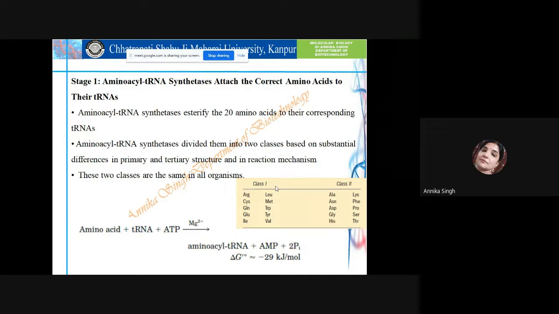And the reaction catalyzed by amino acyl transfer RNA synthetase is given over here. That is, amino acid reacts with transfer RNA in the presence of enzyme and ATP molecule and forms amino acyl transfer RNA. And this reaction occurs in 2 steps in the enzyme's active center.